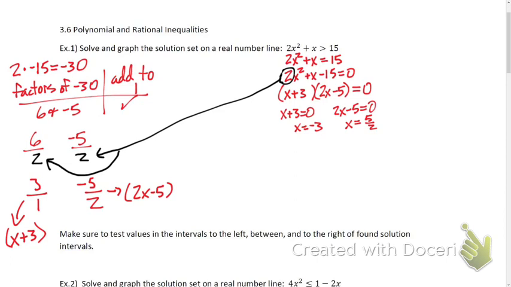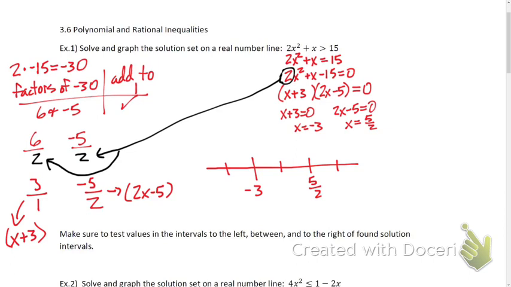Well, not the bottom, not number 2, but where it says make sure to test values. I need to put these on a number line and test values to the left, in between, and to the right. And that's going to tell me what my interval of values are that work for the inequality.